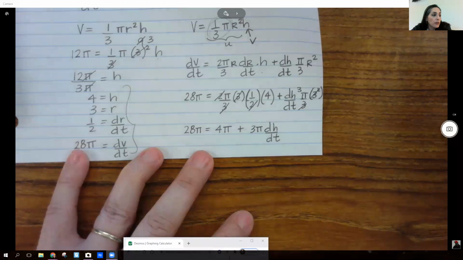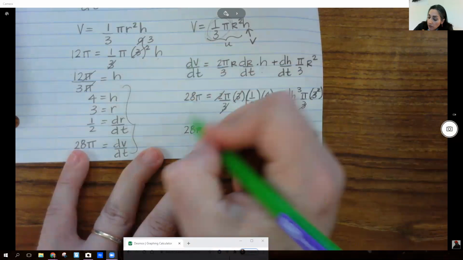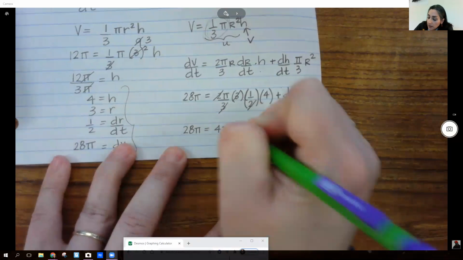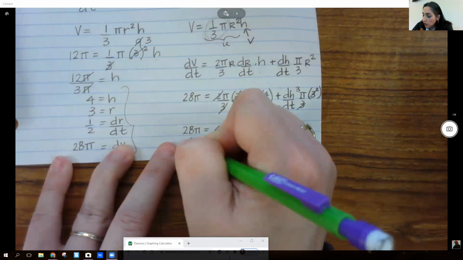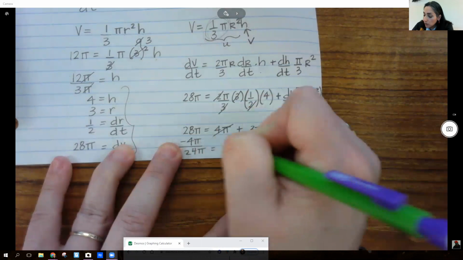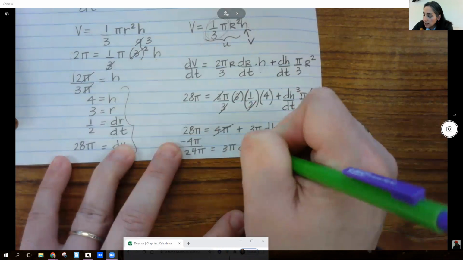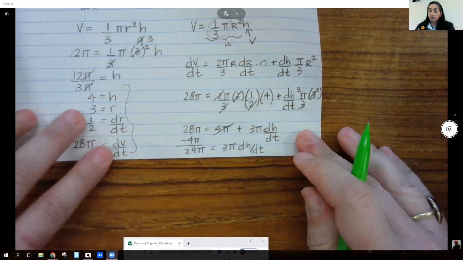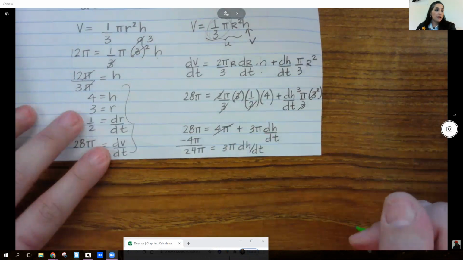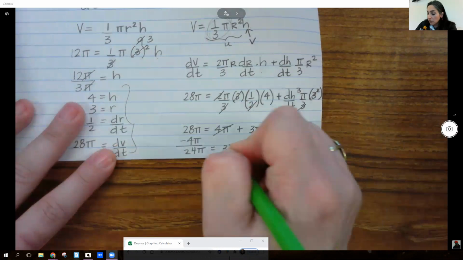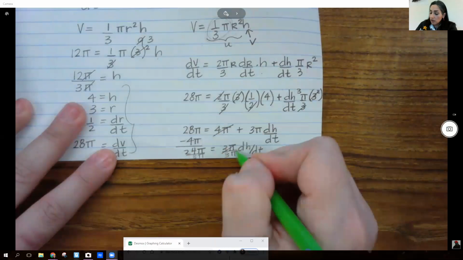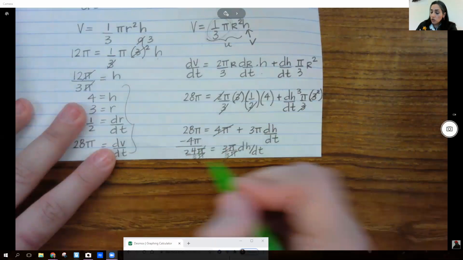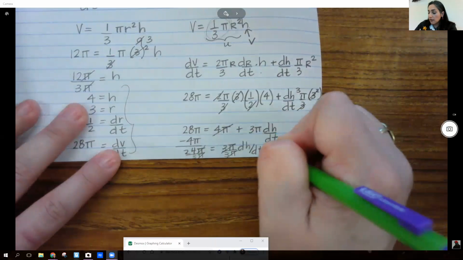So now you're gonna get the dH/dt by itself. So subtract 4 pi from both sides. That's gonna make this 24 pi equals 3 pi dH/dt. And then divide by 3 pi on both sides. So the pi's go. 24 divided by 3 is 8.